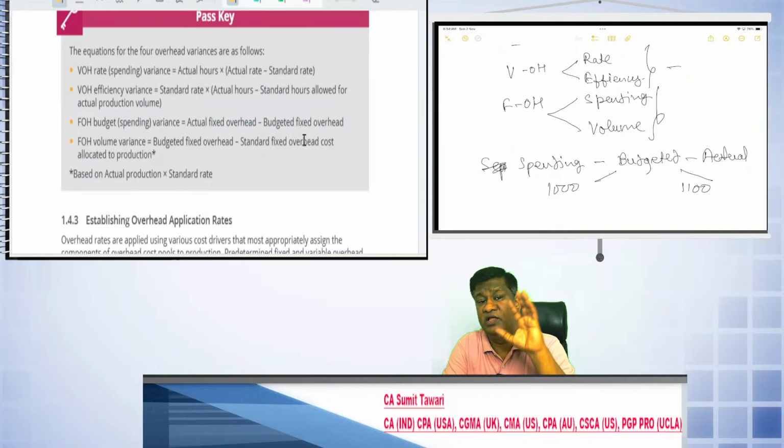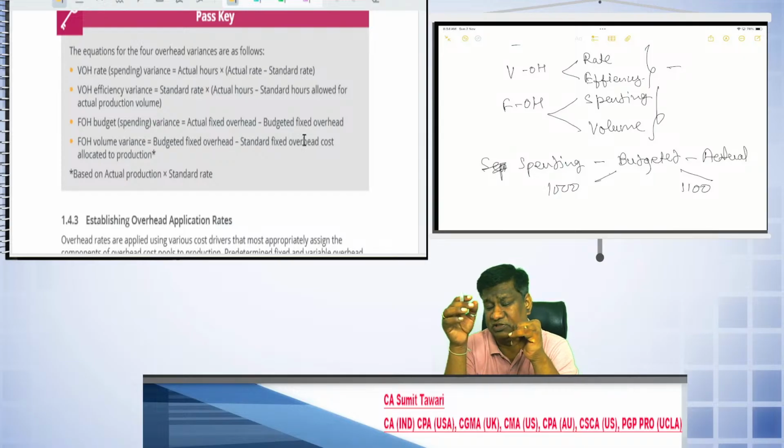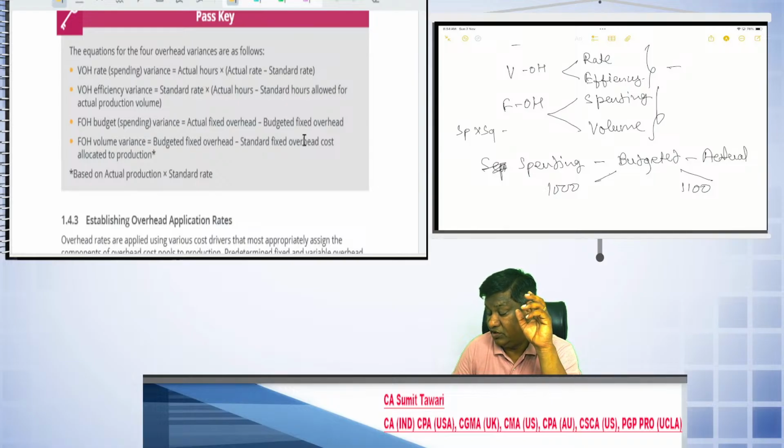In purchase variances, for any variable overhead, purchase or direct labor, on the basis of standard price and standard quantity the amount is 4000, and the actual price and actual quantity the amount is 44,000. We never calculate the difference between these in any variable overhead. We calculate this, and then we add, and finally we get this number.